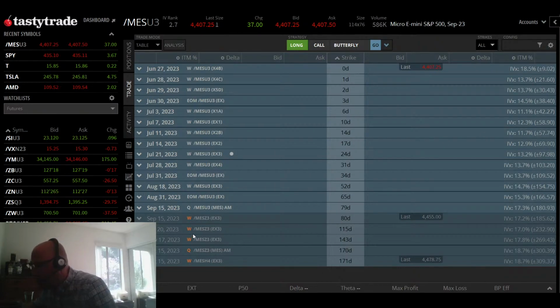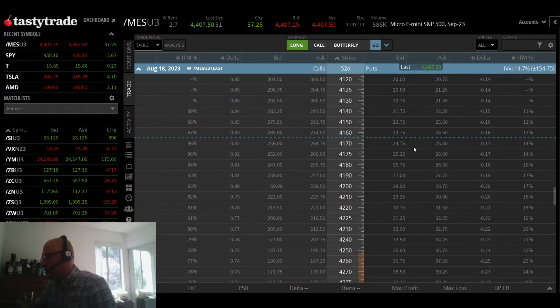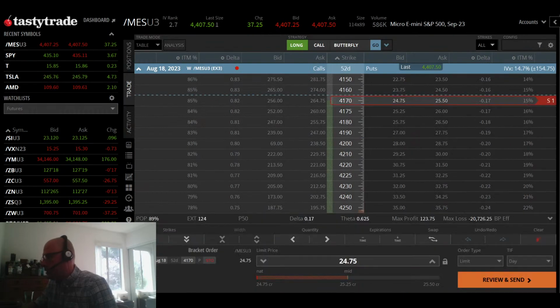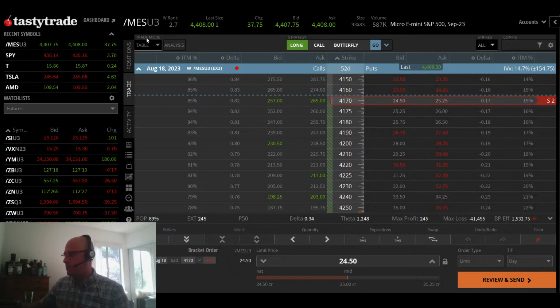If I go to the August here, and I were to sell the equivalent of that same put, it only costs me $760, and it's half the size, so theoretically I should sell two of these to be the equivalent of the SPYs. So it costs me 1,500 as opposed to 7,000. So it's cheaper to trade this in terms of capital efficiency. And you can get half the size, which is a plus too, because as I said, this account is small.